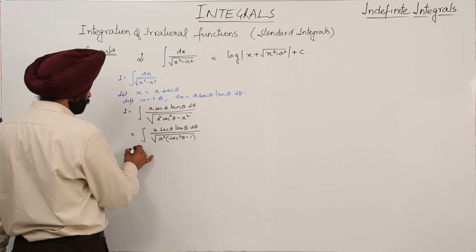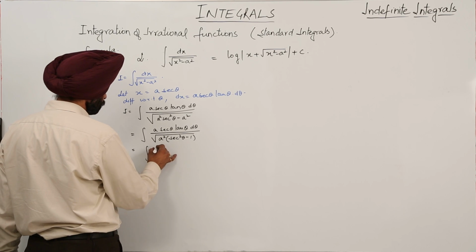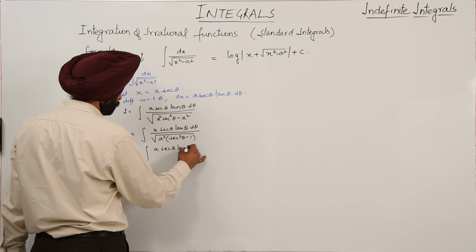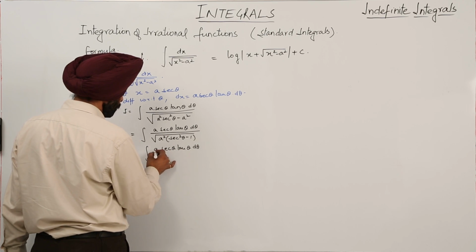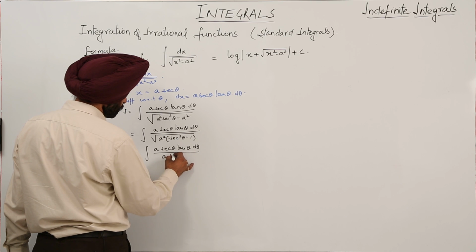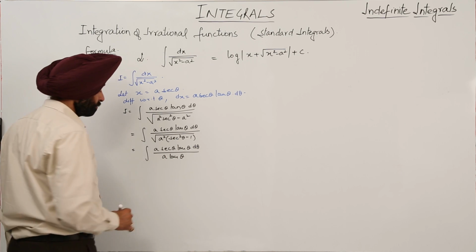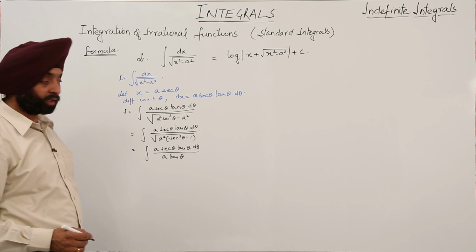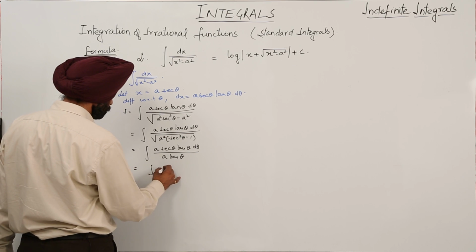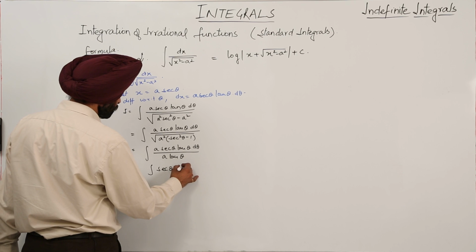So now this becomes the integration of a secant theta tan theta d theta upon a tan theta. Secant square theta minus 1 is tan square theta, and now we are left with secant theta d theta.